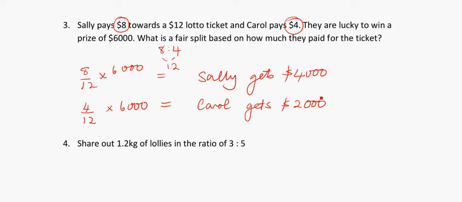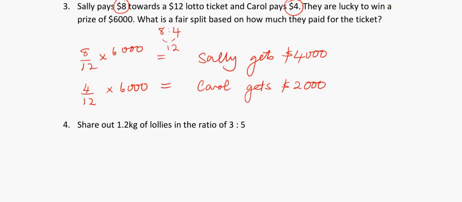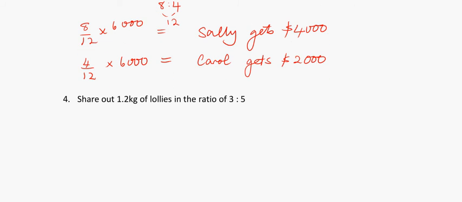Okay, share out 1.2 kg of lollies in the ratio of 3 to 5. Now, I probably don't want a decimal answer, so I'm going to change that to grams by multiplying by 1,000. So I altogether have 1,200 grams of lollies, and I'm going to share it in the ratio of 3 to 5.